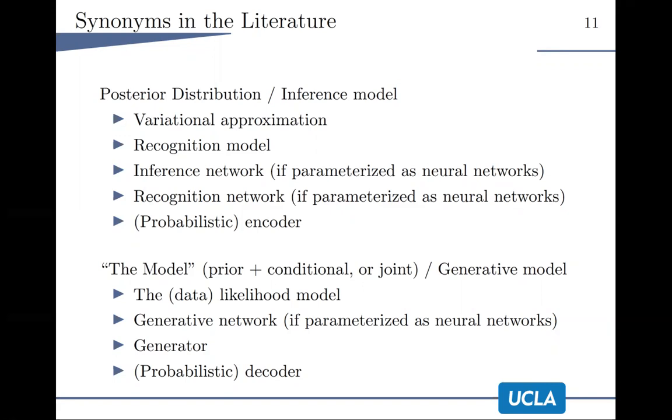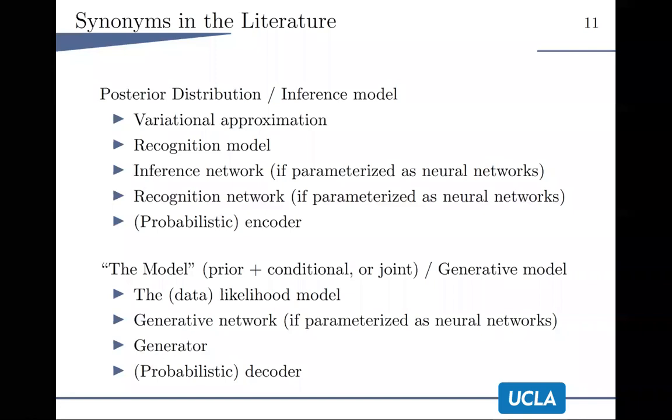The model we're talking about most likely refers to the generative model itself, or we can call it a likelihood model, a generative network, a generator, or maybe a decoder.